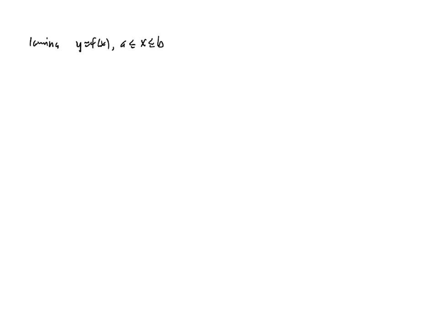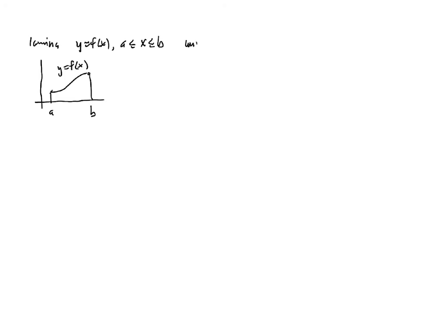So I'm in the situation of a lamina that's described by a non-negative function f of x in the range of x equals a to b. And what we're going to do is approximate this as we do with all sorts of integrals. We're going to approximate the lamina by small rectangles.